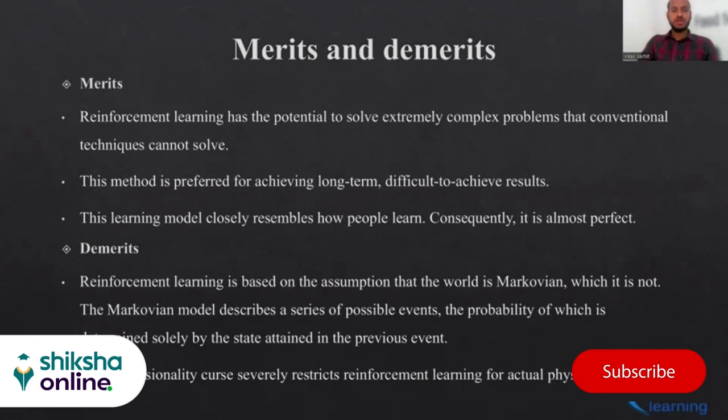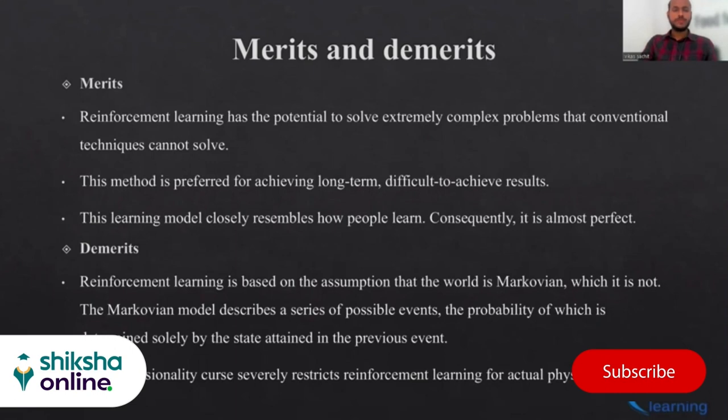What are the demerits? Reinforcement learning is based on the assumption that the world is Markovian, which it is not. What is Markovian? The Markovian model describes a series of possible events where the probability of each is determined solely by the state attained in the present. That is, there are certain conditions, and it thinks these are the only conditions which exist in the real world. But in real cases, there are n number of factors for any situation.